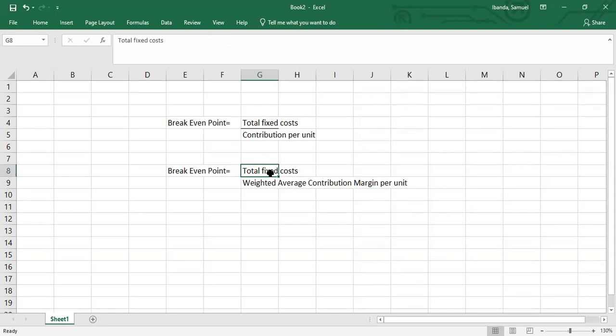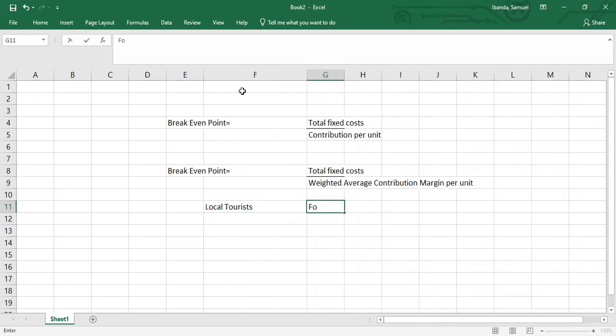Yeah, it's the same principle, because in the same way we use the idea of the break-even point with the sales mix. So when you're determining the weighted average, basically you'll use that principle. So for example, we have local tourists and then we have foreign tourists.